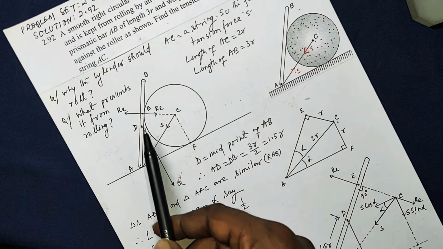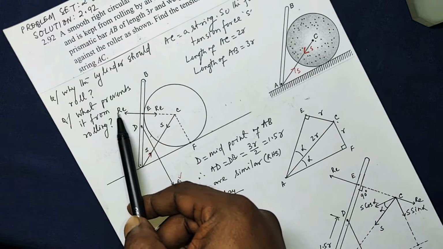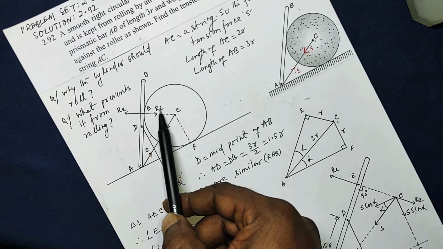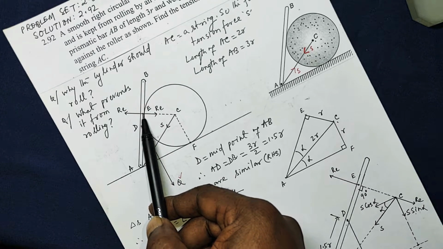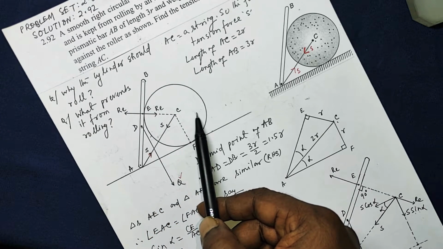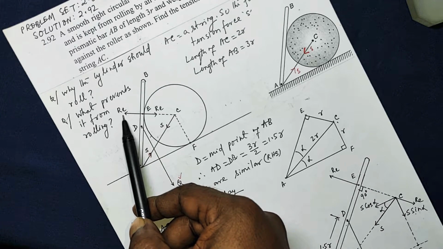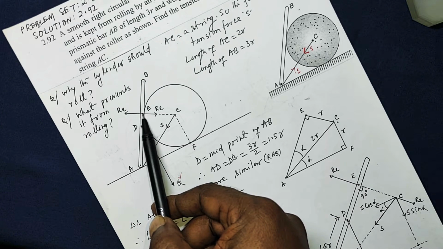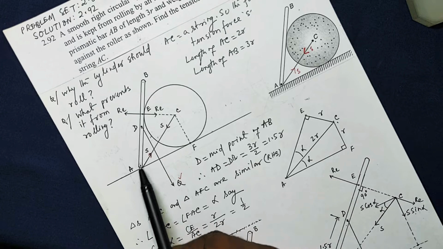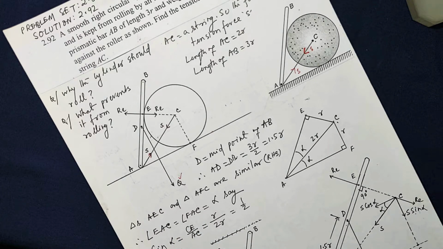So these are the action-reaction pair, RE. This RE pointing from this side to this side is acting on the cylinder. This RE pointing from this point to this side is acting on the prismatic bar. That is to be understood. Action and reaction act on different bodies.